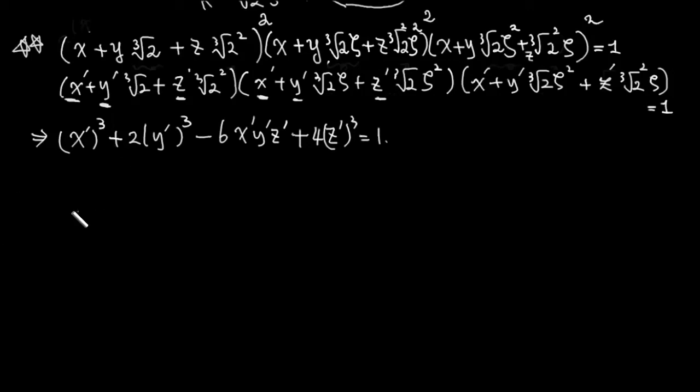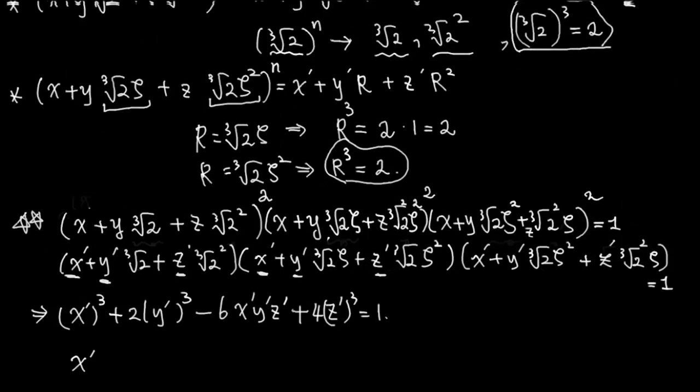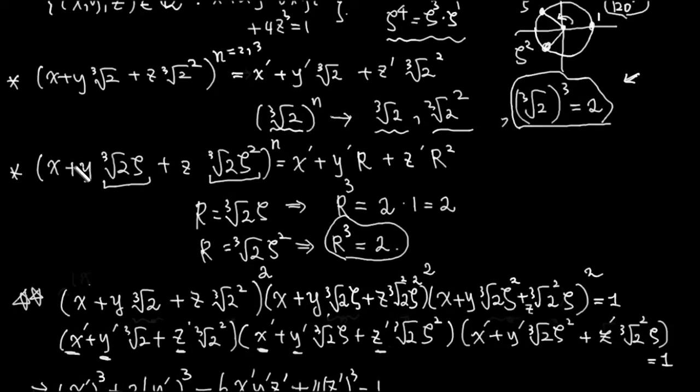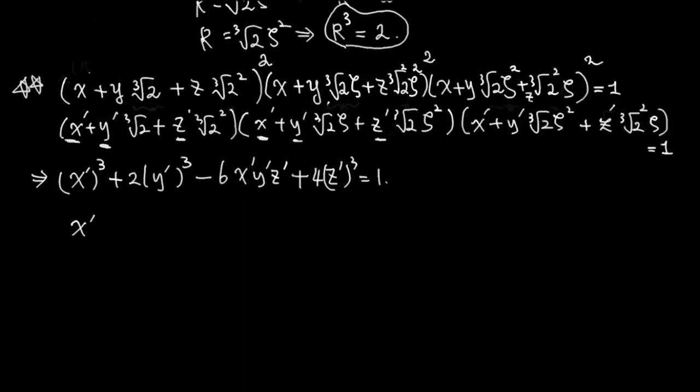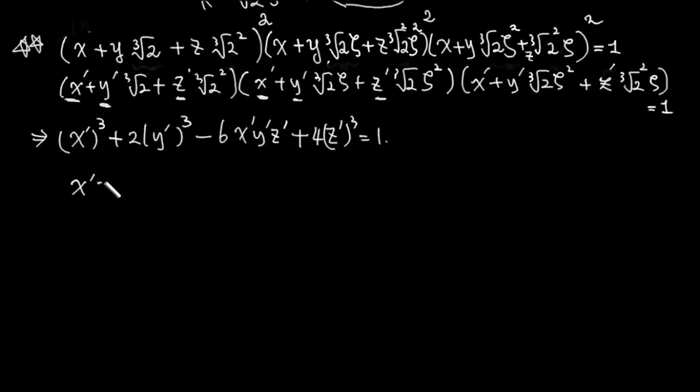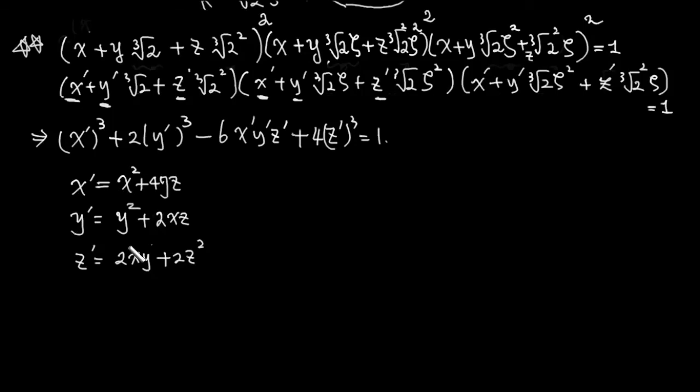Let me introduce what those x primes are. If you actually expand that out, square this one here, and collect the third root of 2, the third root of 2 squared and all the rational terms, you get x prime and y prime. Back again, x prime, and it turns out those coefficients are like this.